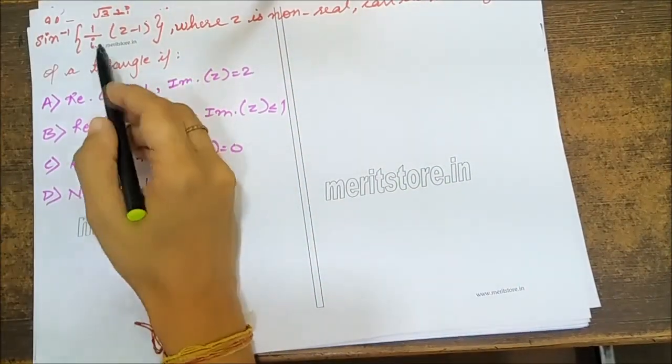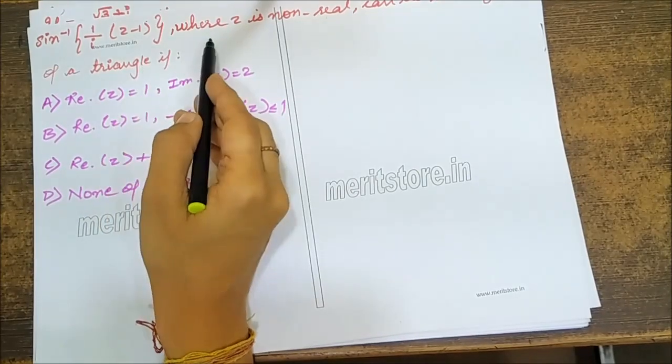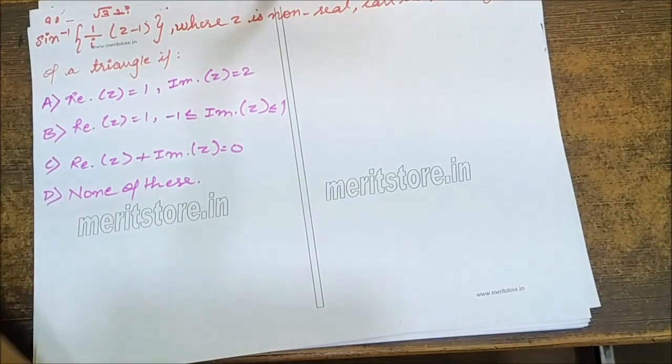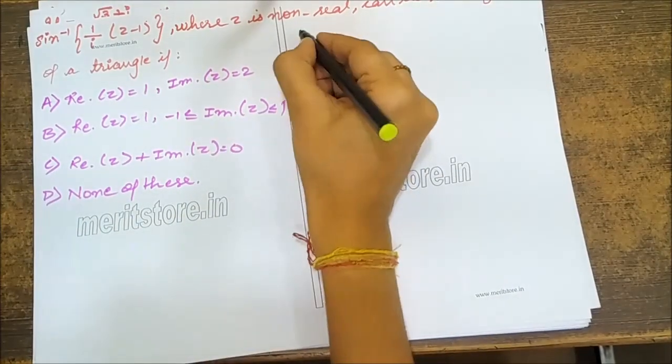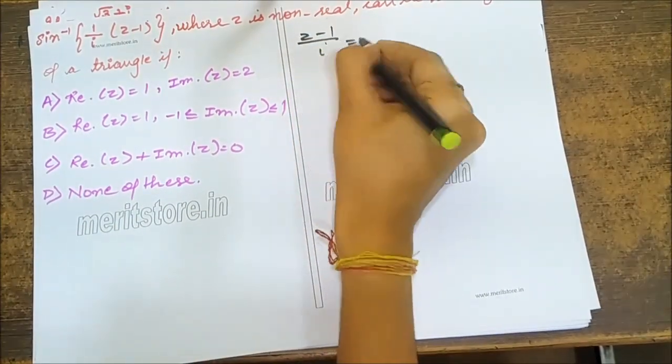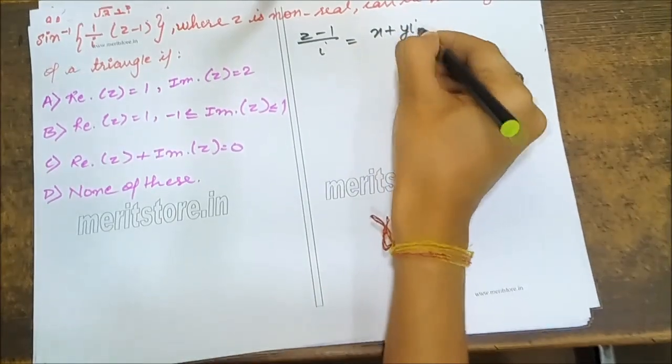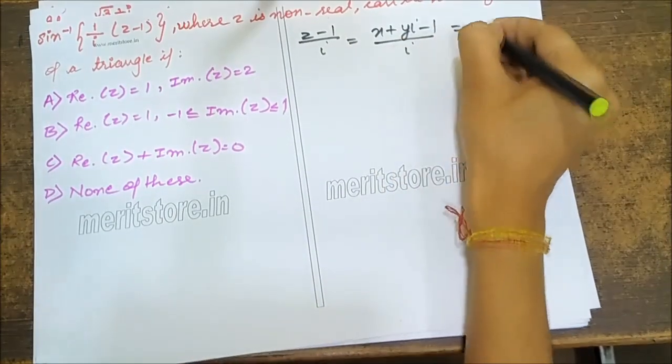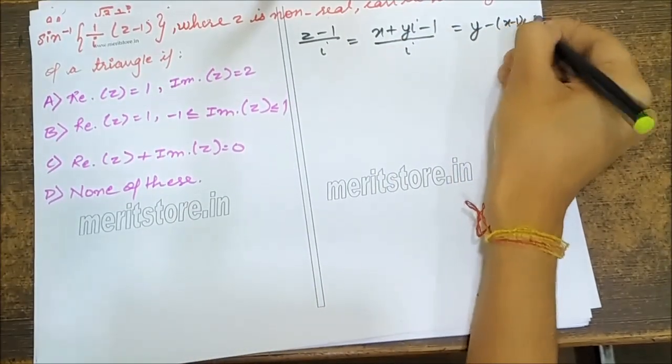Sine inverse of 1 upon (iz minus 1), where z is a non-real. It can be an angle of a triangle if the following are the options. So (z minus 1) upon i is equal to (x plus yi minus 1) upon i, that is equal to y minus (x minus 1)i.